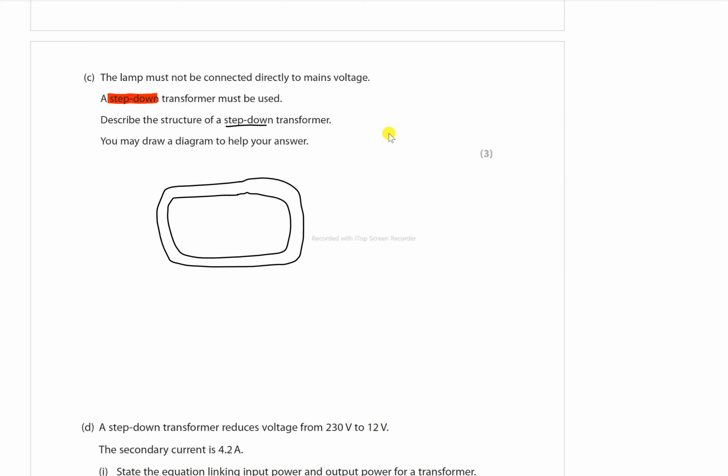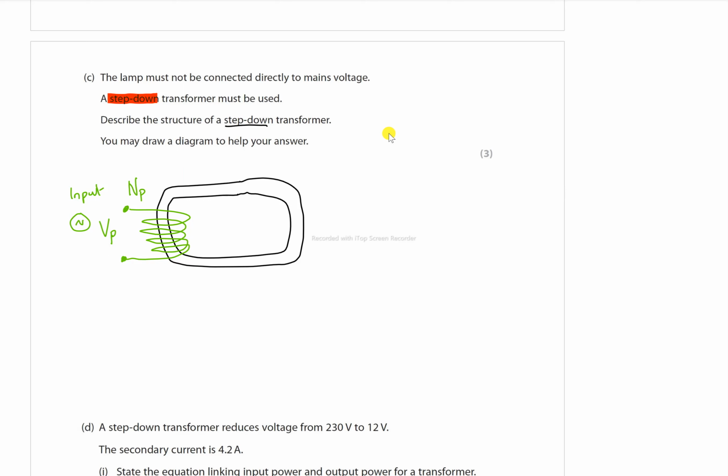A step down. So if we draw 1, 2, 3, 4, right? So this is the input. You've got an AC supply. You've got input voltage, which is called the primary voltage, and you've got the number of turns.